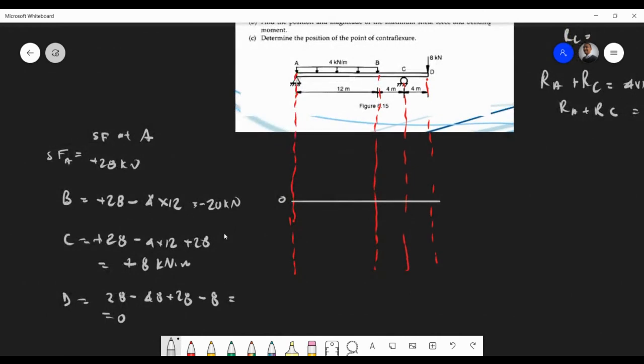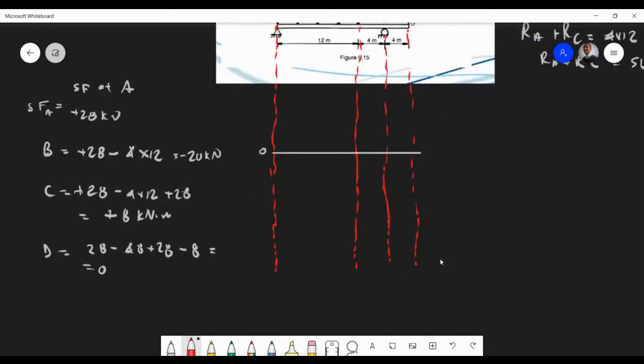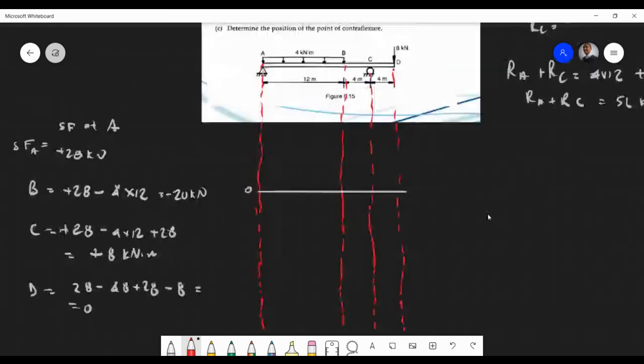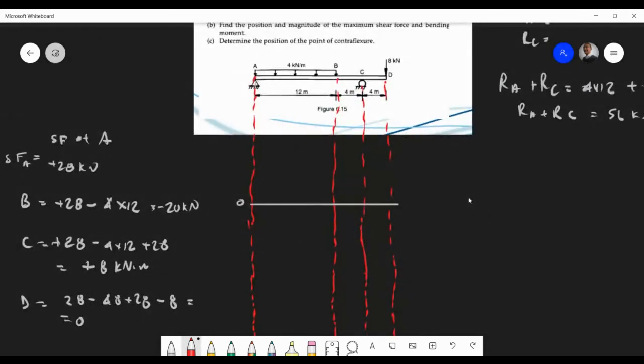Must close. Students, are we all happy with that? Any questions on the shear force? Please ask. We will be coming back to shear force and bending moment. Are we all there?